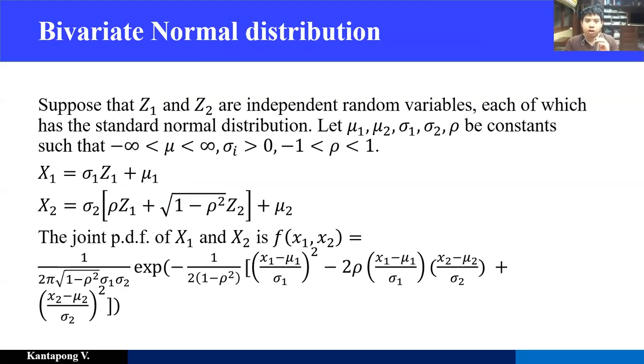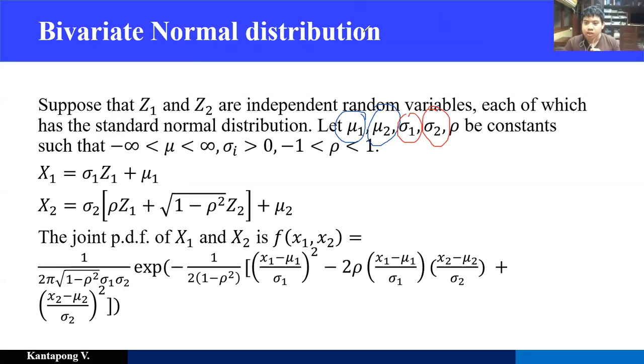The next distribution that we are going to talk about is the bivariate normal. For the bivariate normal, we have something like this, which I took from the textbook. The thing to notice is that we have these parameters: mu1, the mean of the first one; mu2, the mean of the second one; sigma1, the standard deviation of the first one; sigma2, the standard deviation of the second one.